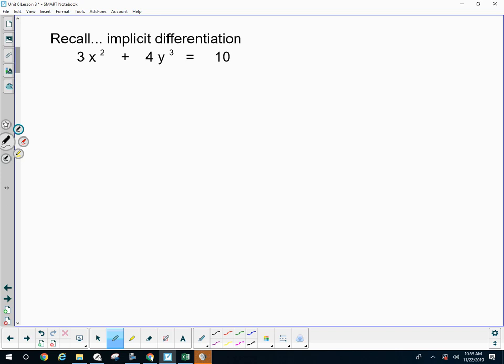Good. Equals 0. Okay. The derivative of x is not dy dx. It's just 1.